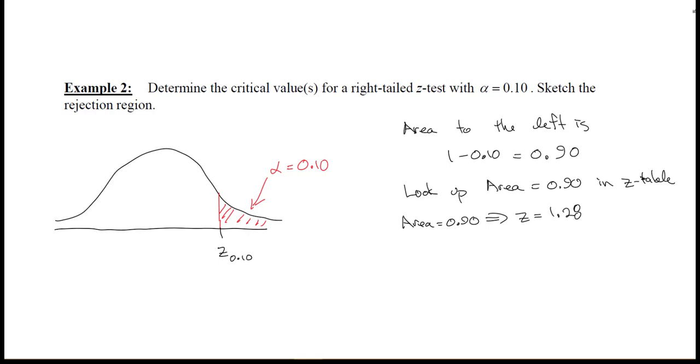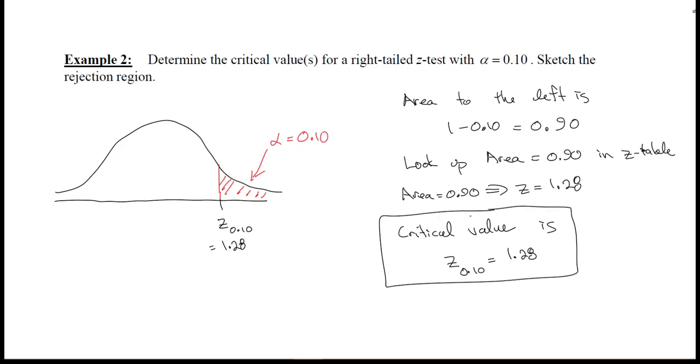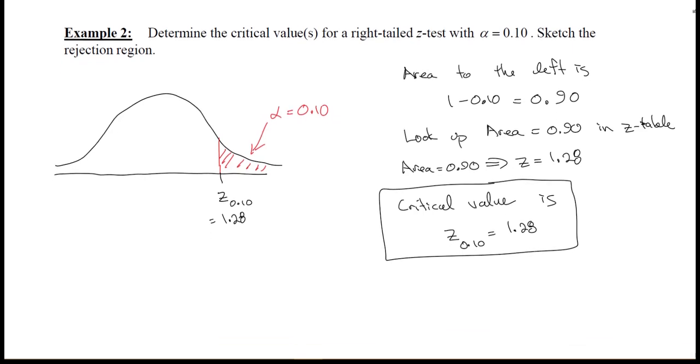So my critical value, I'm going to put this over here. z.10 is equal to 1.28. That's my critical value. Okay? Alright, one more.